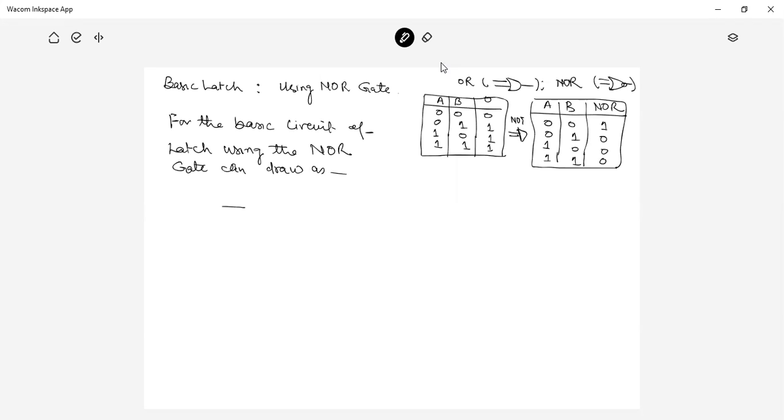Suppose this is one input and here is one NOR gate. Now this is another NOR gate, and here is the other input. Suppose this is R, later known as reset, and here it is S, known as set. Set and reset, then it is a latch. What do you mean by latches? This is your latch.